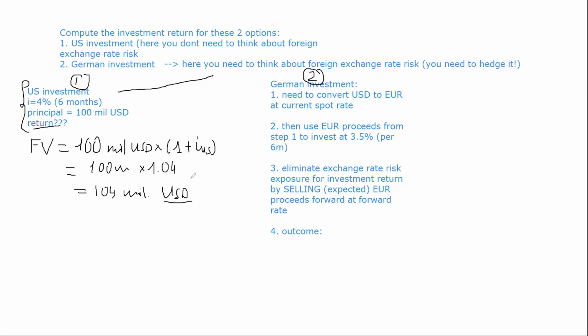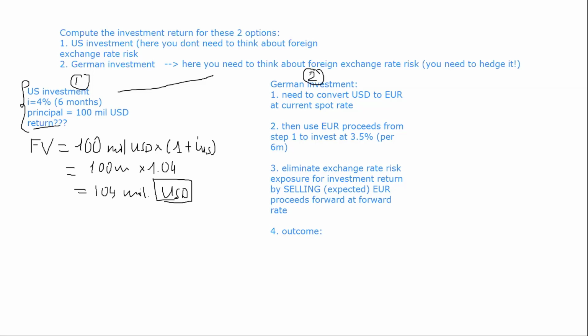I'm just going to highlight the currency here so we know we're talking about the domestic currency. So in the first option, we do not need to worry about exchange rate exposure because we're dealing in the home currency.